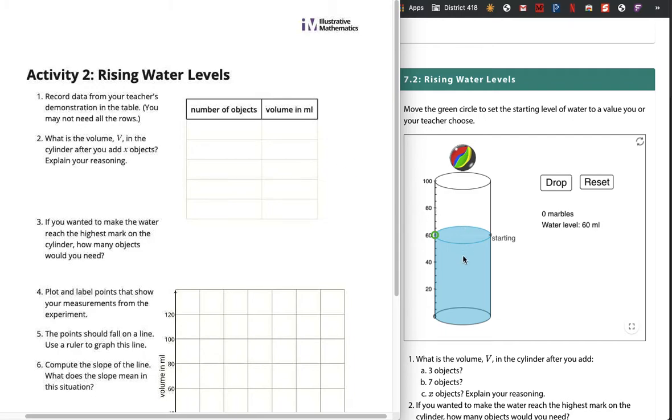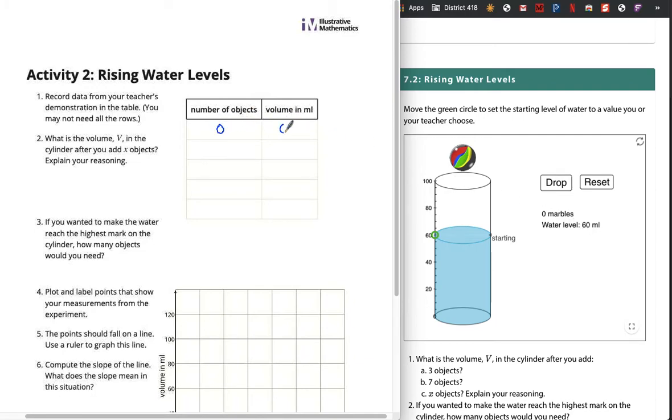Okay, so how many objects are in the beaker of water to begin with? Well, there's 0 objects. I haven't dropped any marbles in yet. And so how much water is in there? Hopefully you can see this well enough, but you can actually see it over here, 0 marbles, and there are 60 milliliters of water.